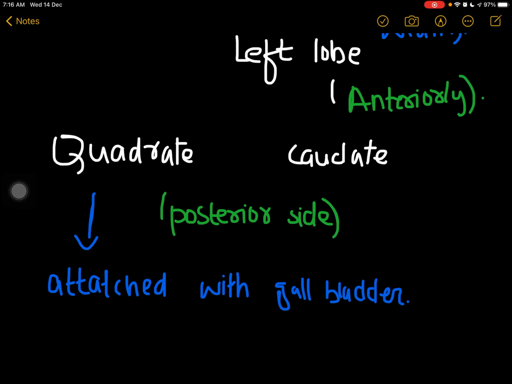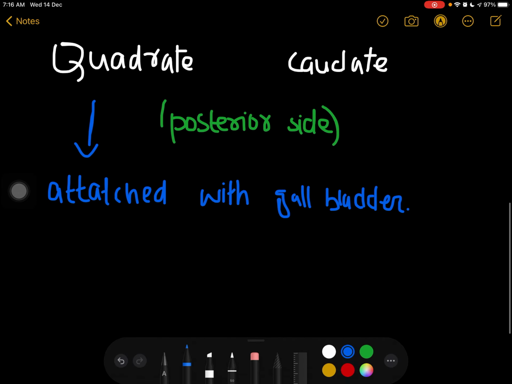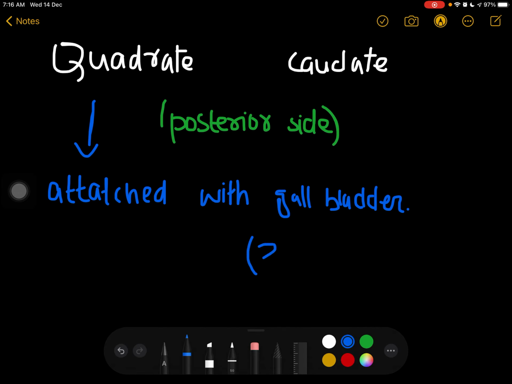So basically this gallbladder stores 30 to 50 ml of bile, right? And the gallbladder is attached to the quadrate lobe.